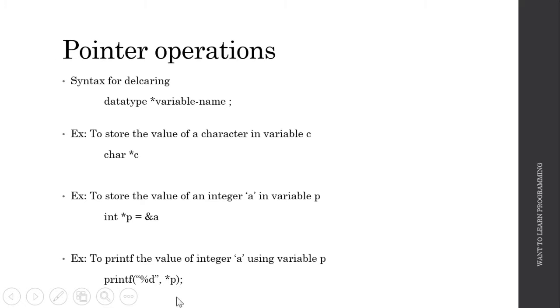What star p will do is, the star operator will look into memory at location 3000, and whatever is present in that memory location, it will print it. Let's look at a sample program where these primitive operations are done.